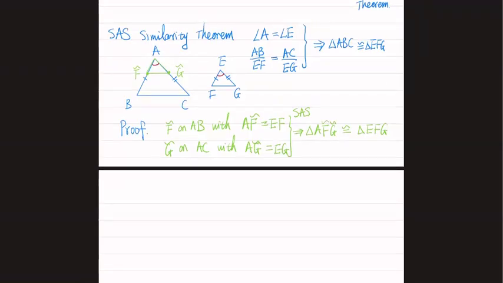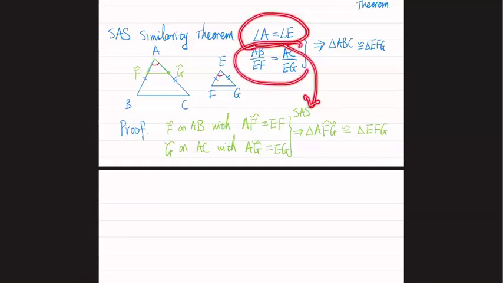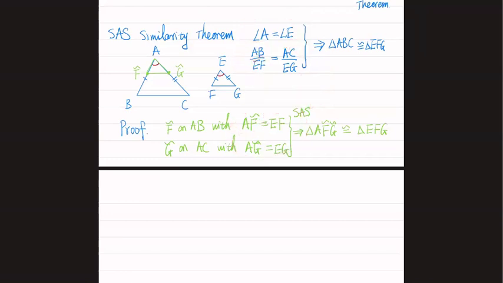Okay, now we have used the first condition. We will use the second condition combined with this. So I can replace EF with AF because they have the same length. I can replace EG with AG because they have the same length. So we have AB over EF equals AC over EG.